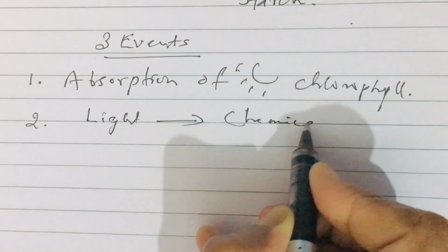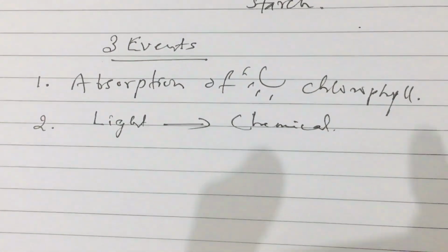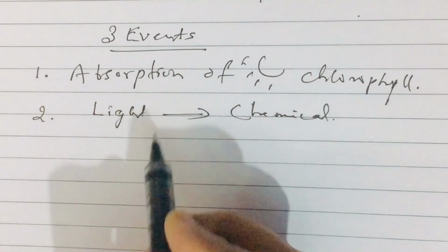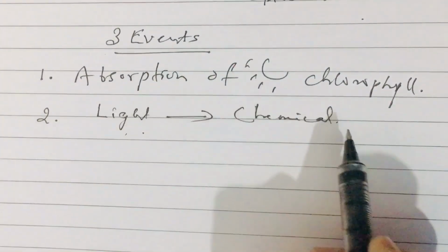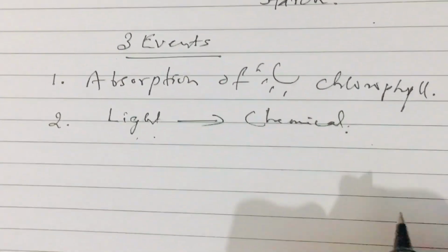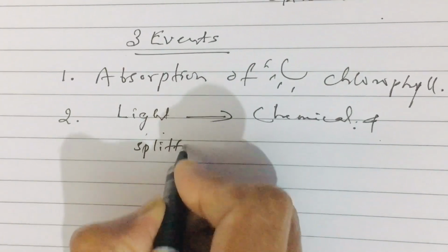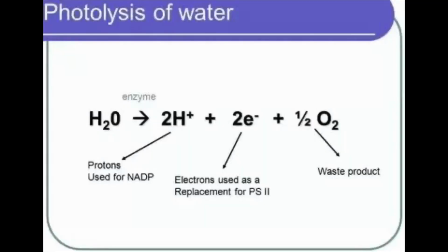We are going very briefly about it. Actually, it's a very complicated chemical reaction. This is not in your syllabus. So, for the time being, you understand. Second process is light energy converted into chemical energy, and splitting of water molecules into hydrogen and oxygen.